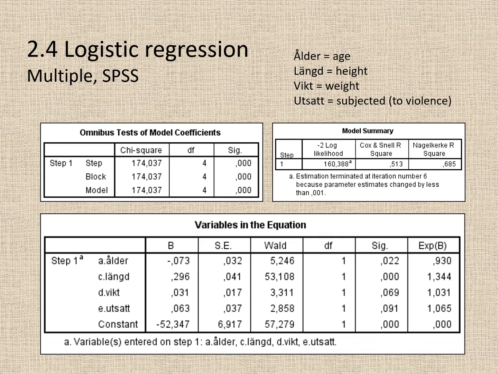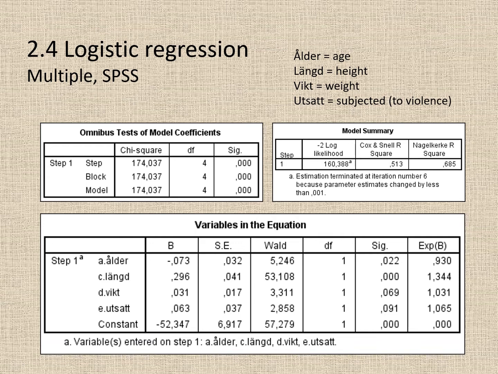So Nagelkerke will always be at least as high as Cox and Snell. I guess due to this, maybe Nagelkerke is the better one of these, because it compensates for the negative bias Cox and Snell has.